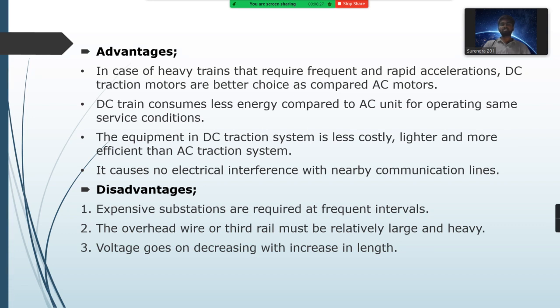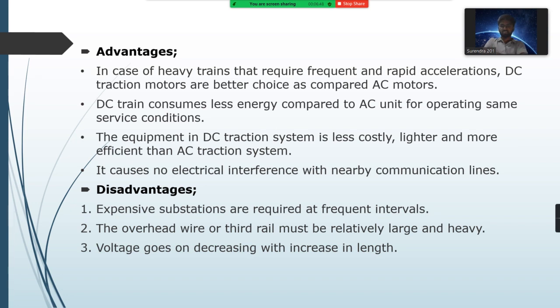DC trains consume less energy compared to AC units for operating the same services. The equipment in a DC traction system is less costly, lighter and more efficient than in an AC traction system. It causes no electrical interference with nearby communication units.